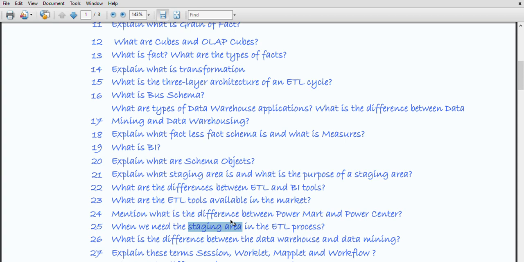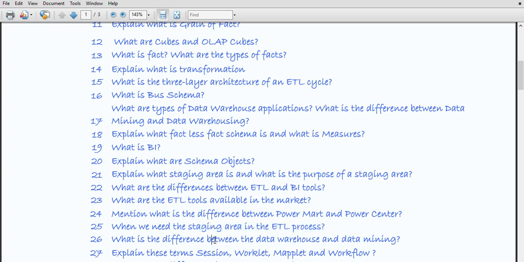The staging area is designed to provide many benefits, but the primary goal is to increase efficiency, ensure data integrity and support data quality operations. These are some basic advantages, or the need of the staging area in ETL.